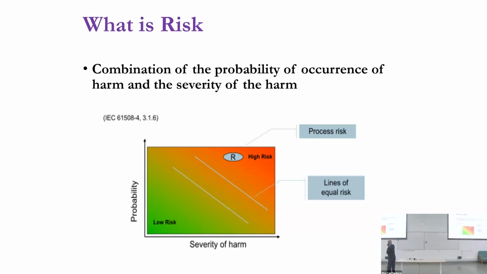If that is not possible, there is a band between these lines called as low as reasonably practicable, which we call ALARP. We have to bring it below that line. If this band is used, then we are reasonably safe. The process risk is always highest at the top, lowest at the bottom, and in between is the safest area. This is just to give you a pictorial vision of how risk is defined in terms of severity as well as probability.